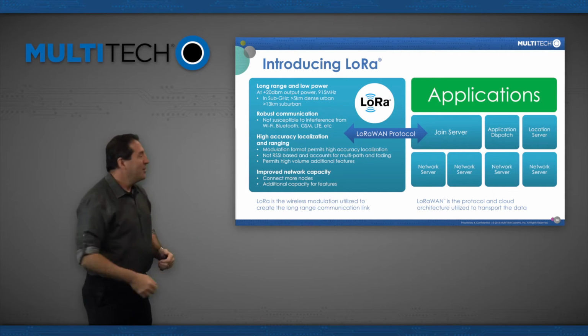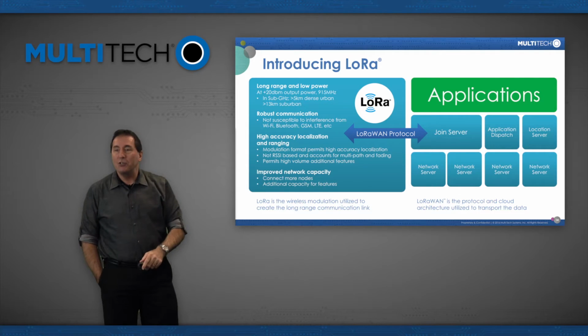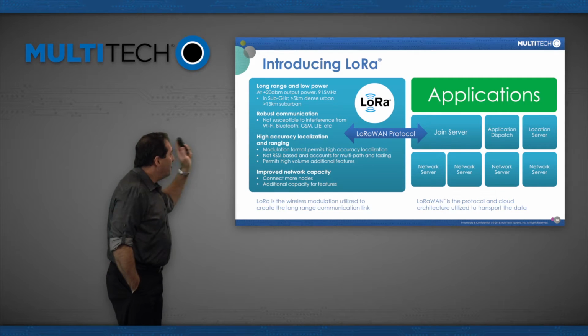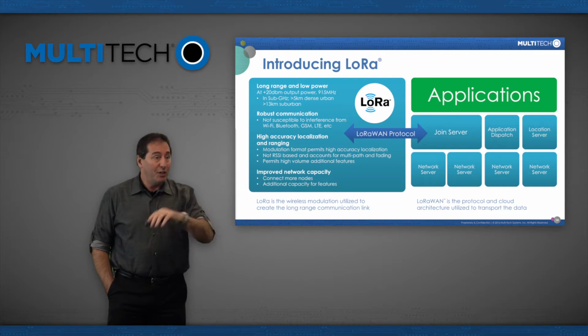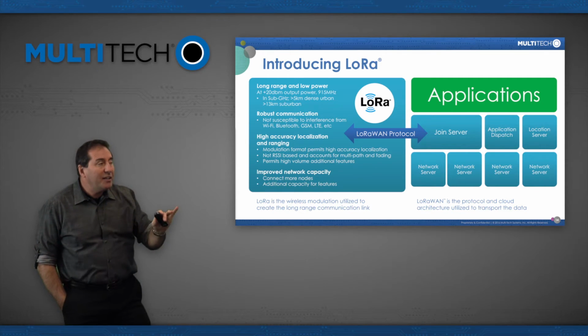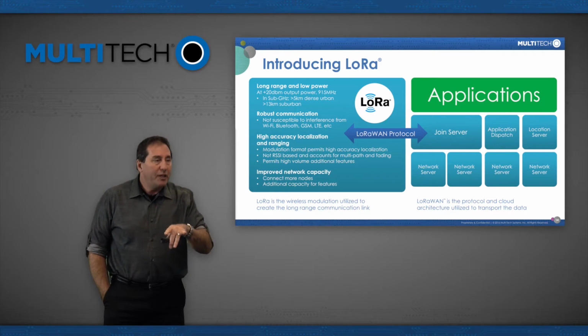And then on top of that, you have an application dispatch server. An application dispatch server is just simply something that says, when an endpoint sends application data, it actually encrypts it separately and differently than a network packet. And technically, the network can't tell at all what is in the application data packet, which is good, right?